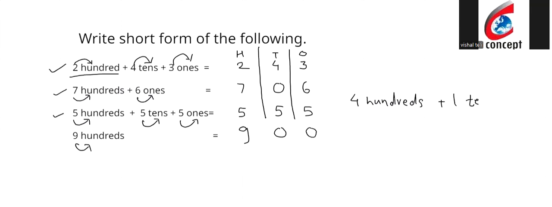Okay, so again, what we have to do, for this, 4 in hundreds and 1 in tens, and then we don't have ones, so we'll write 0. I hope you understand.